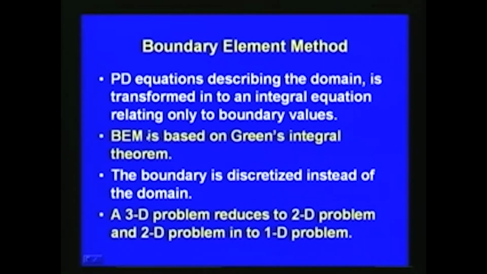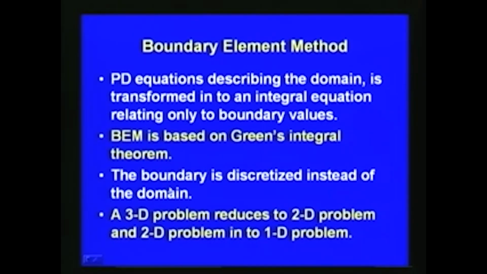The boundary element method is based on Green's integral theorem. If you go to advanced mathematical textbooks, we can see Green's first theorem and Green's second identity theorems. Here the Green's theorems are used to transform the equation which is on the domain to the boundary.